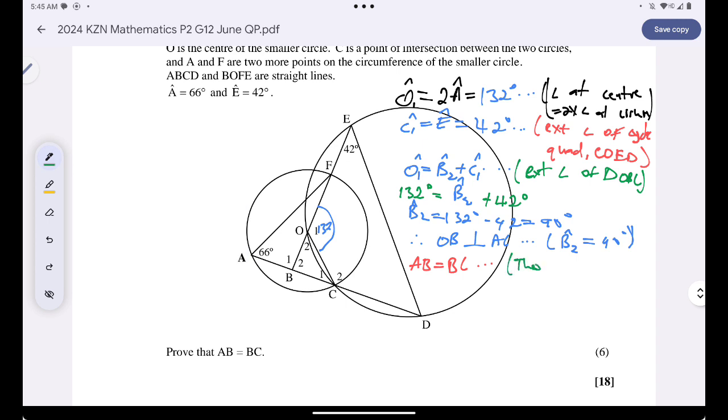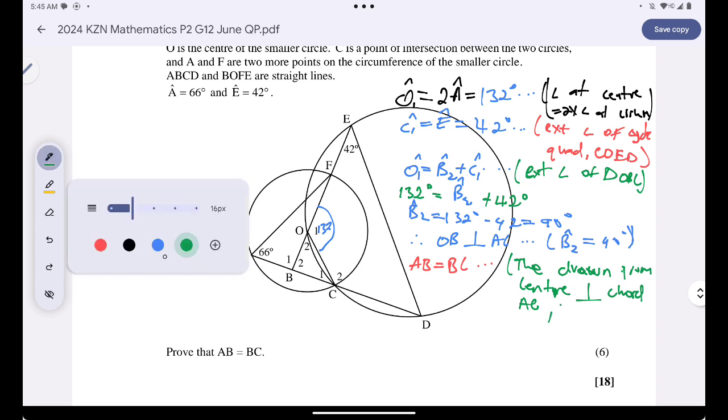The line drawn from the center perpendicular to the chord AC. Then I'll write them. OP is the line, and that line is perpendicular to AC. That's my reason. Right, together. So now I've proven that AB is equal to BC.